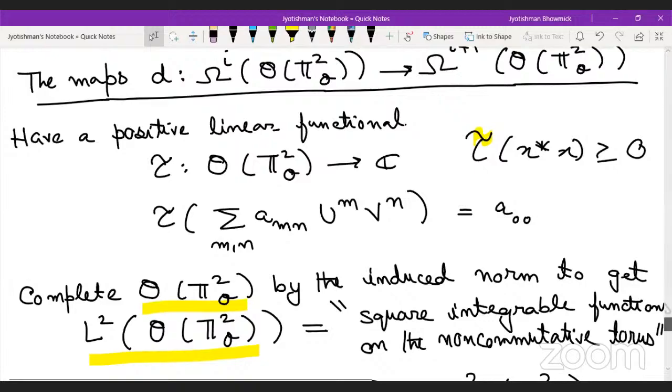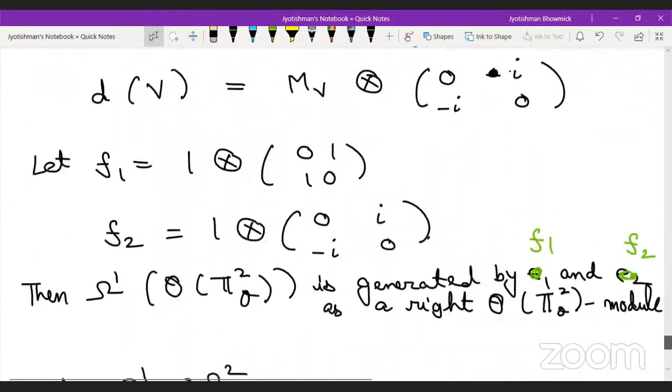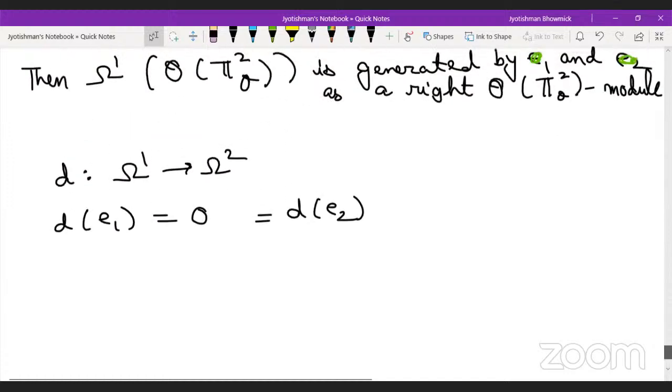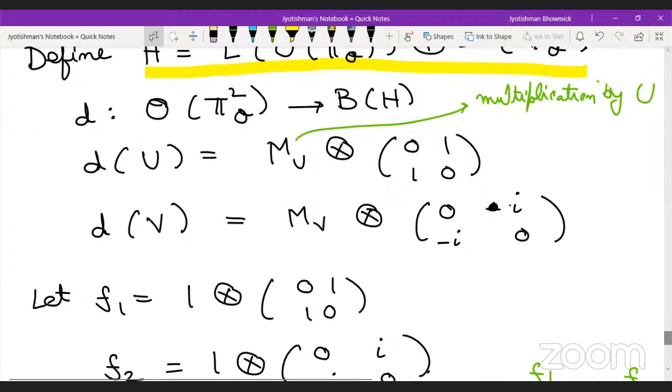So basically, I should just explain. I have not defined the spectral triple yet, otherwise I could have shown that. How does one get to these small d? One starts with a spectral triple, and from that one actually defines what the one forms are.